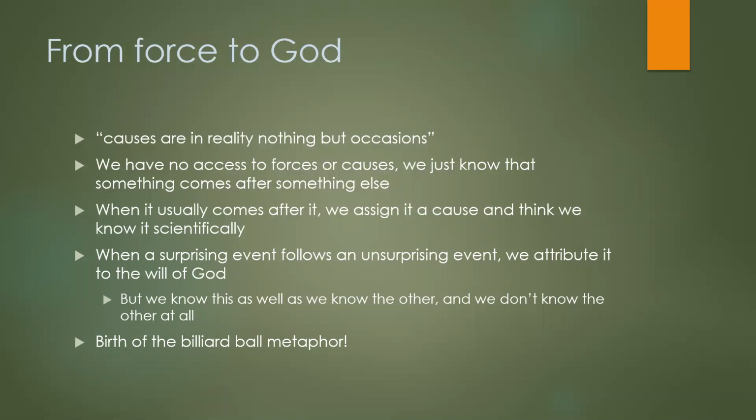Right? So the idea here is when we have an unsurprising event, we just attribute by habit of mind some scientific explanation. But when we have something completely unexpected occur, we can't attribute a natural cause to it because the natural causes are the causes of science. And this has clearly violated the regularity.